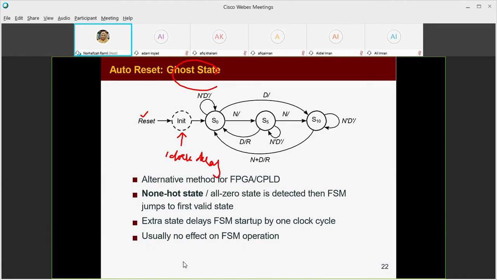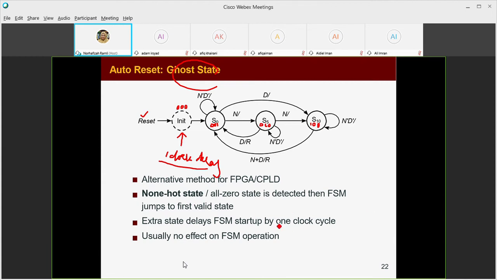So what it means is the init is the 0, 0, 0 state. After the clock comes, it will jump to 0, 0, 1, and then it will follow the one hot method: 0, 1, 0 and 1, 0, 0. This happens only one time, only at the beginning, and then it never goes back to this part. That's why it is dotted, meaning this state is just to initiate. All zero state detected.